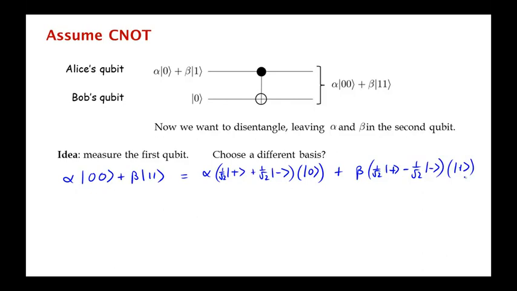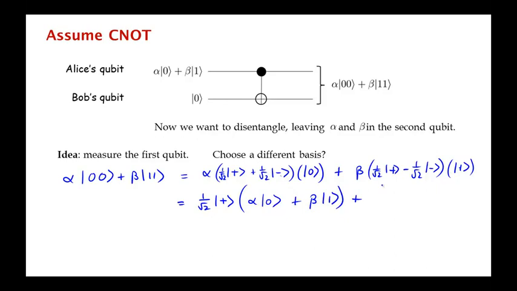And so now what we want to do is collect terms. So this is 1 over square root 2 plus times, so plus comes from here, and then you have alpha 0 for his qubit, and then plus beta 1. I'm just factoring things out.